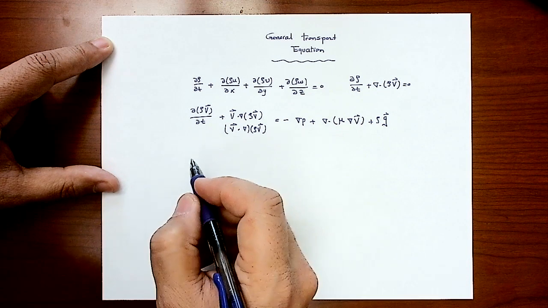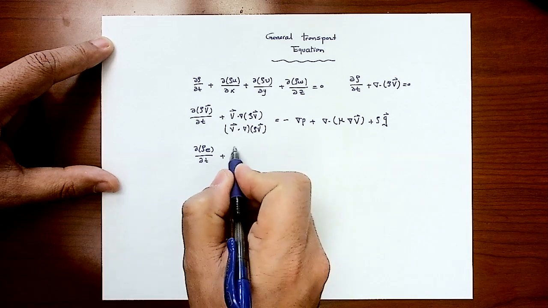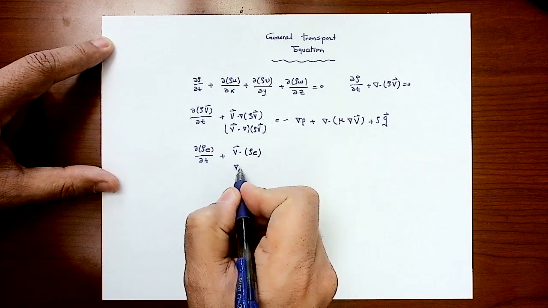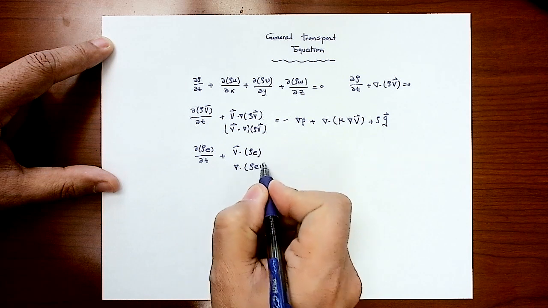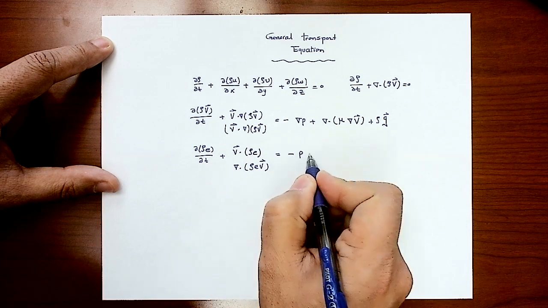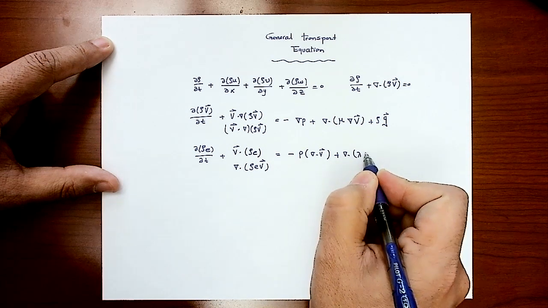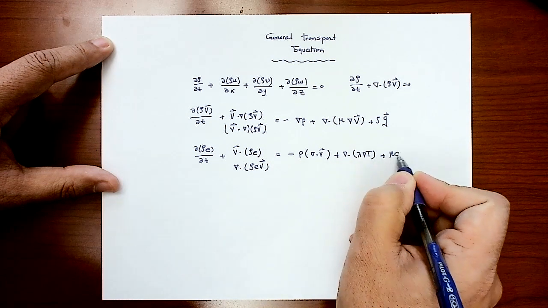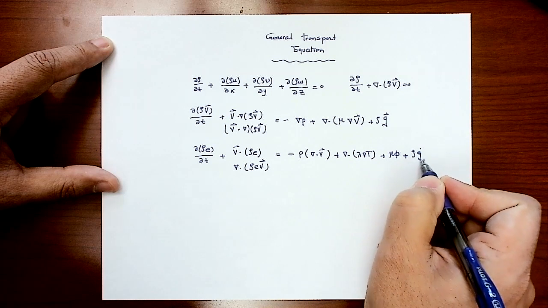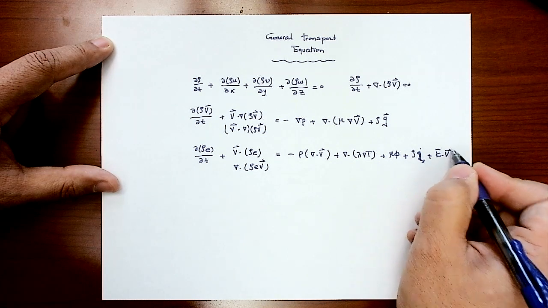And the energy equation is partial rho e by partial time t plus v dot nabla rho e, or we can write it as nabla dot rho e v, equal to minus p nabla dot v plus nabla dot lambda nabla T plus mu phi, the dissipation function, plus the heat generation term or heat source term, plus any other kind of body forces like electric force or magnetic force.